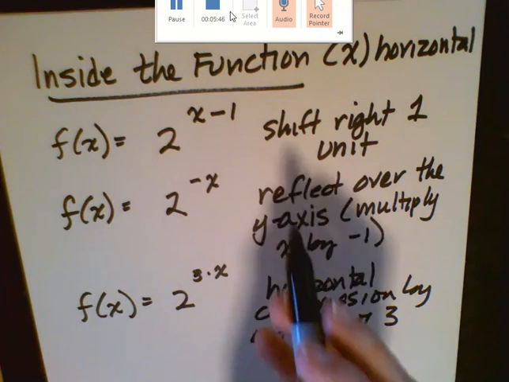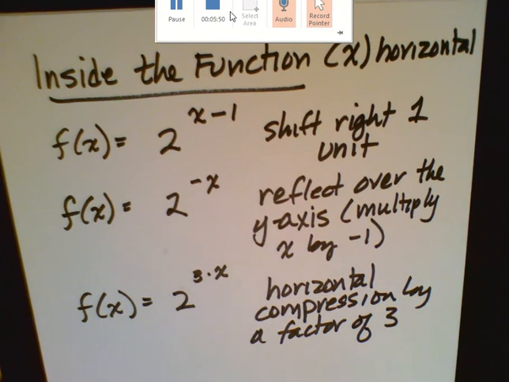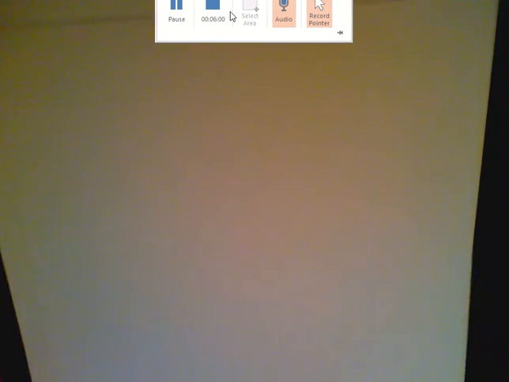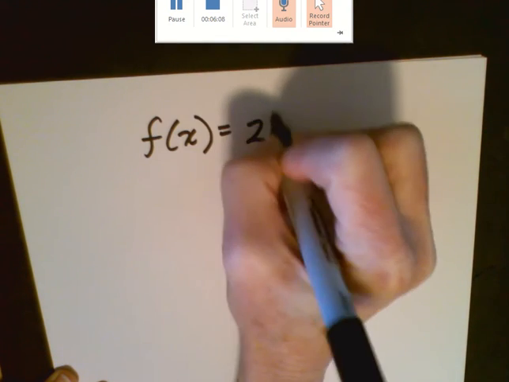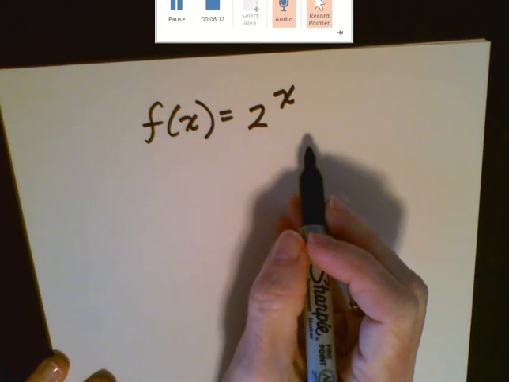Okay, so now if you can recognize these and then learn the points on the basic exponential function, you can easily transform. So let's look at those real quickly. What does that basic function look like? We were looking at f of x equals 2 to the x. There are 3 points on this and every graph of a function like this.